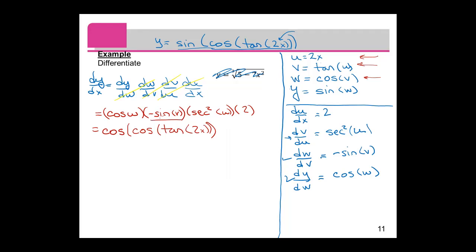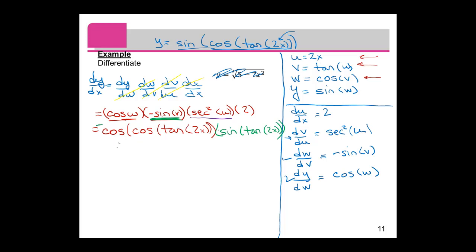Times, that was just cosine of w here. I'll change colors. So now we're going to do negative sine of v. I'm going to put this negative out front because I don't want it back there. And then I have times sine of v, but v is tangent of u, and u is 2x. And that takes care of that. Then we'll do this secant squared of u.